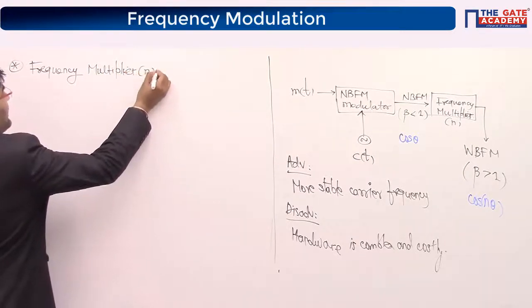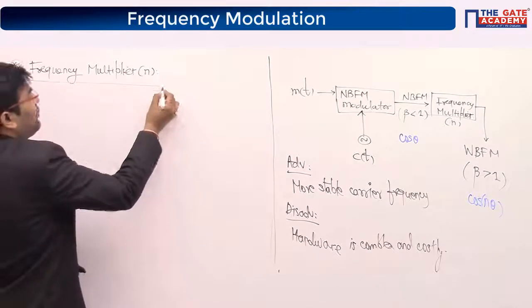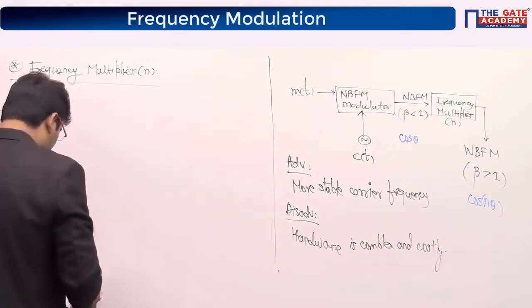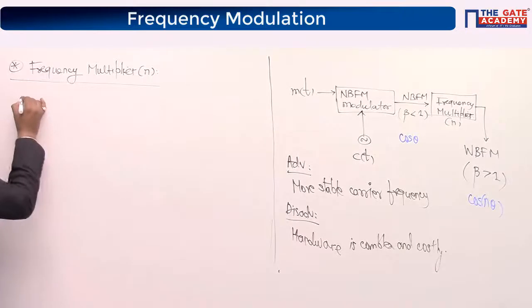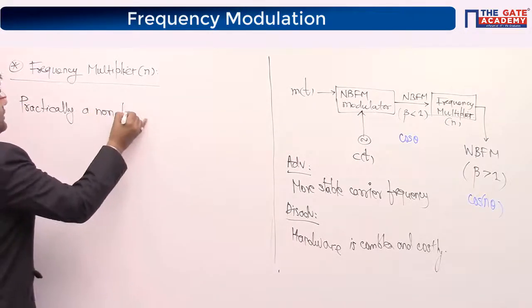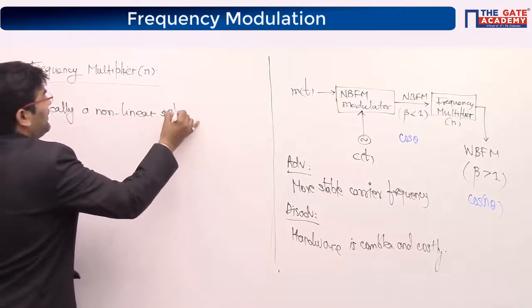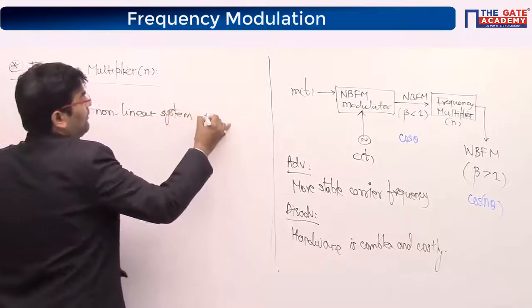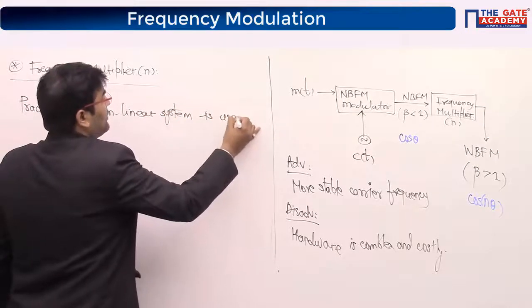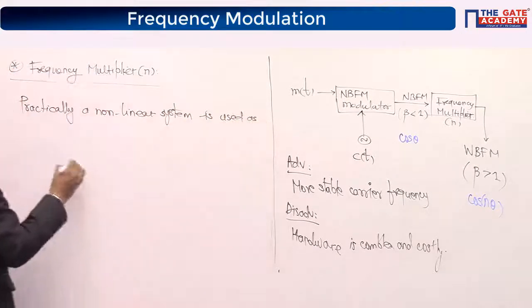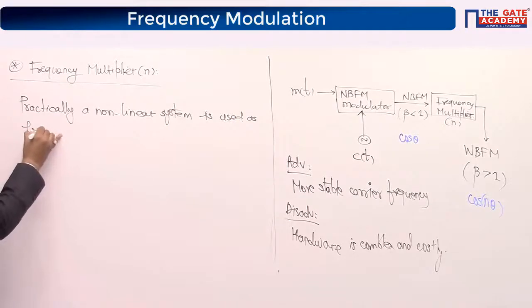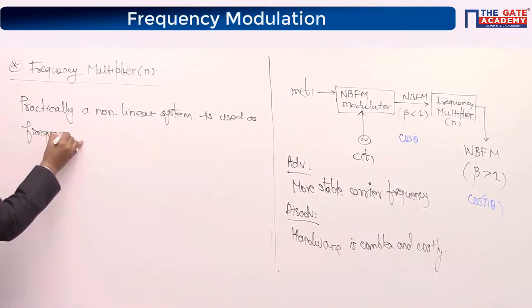And we write in bracket n, means it can be of nth order. So write in this. Practically, a non-linear system is used as frequency multiplier.